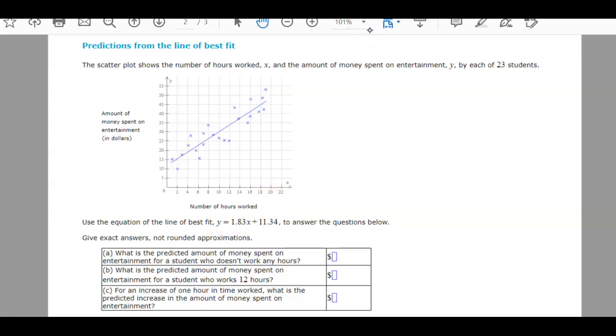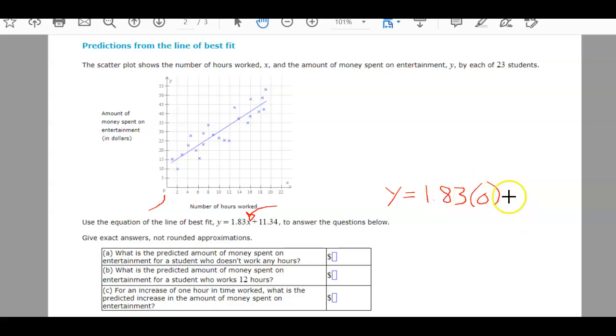So they are telling us that this student doesn't work at all. So on the X-axis, we're going to put in a 0 for the X, right? So then the output is going to be Y. So the amount of money spent is Y, and that's going to be $1.83 times 0.